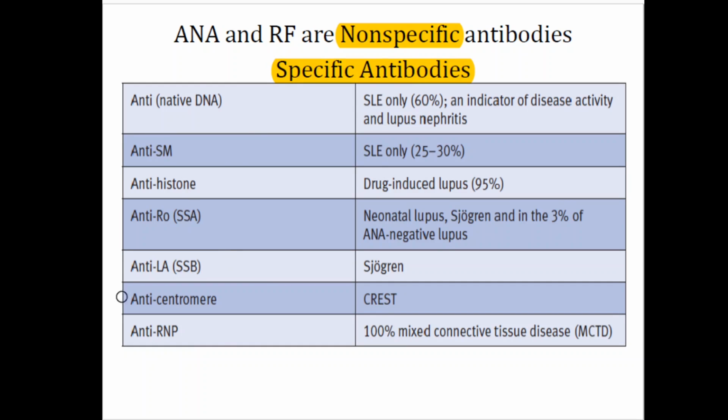In this patient the anti-Ro SSA antibody was positive, and this is the specific antibody for neonatal lupus and Sjogren syndrome, and it is very much specific for Sjogren syndrome. Since this patient has anti-Ro positivity, we go for Sjogren syndrome, because anti-nuclear antibody and rheumatoid factor are non-specific. Now let's look into what Sjogren syndrome is.